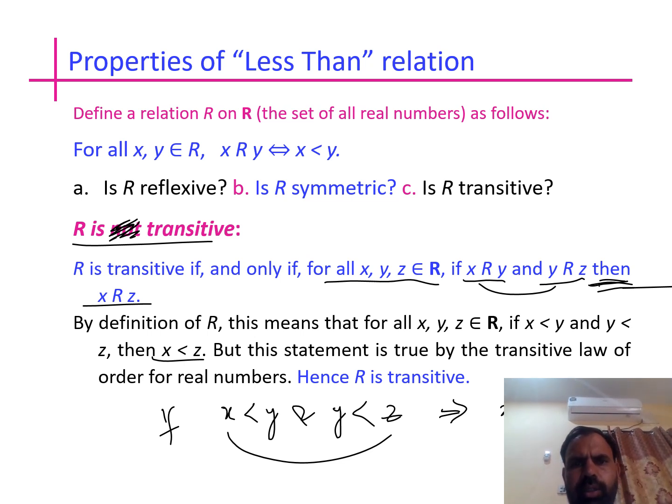Here R is transitive if and only if for all x, y, z belonging to R, if x R y and y R z, then x R z. By the definition of R, this means that if x is less than y and y is less than z, then x is less than z. But this statement is true by the transitive law of order for real numbers, hence R is transitive.